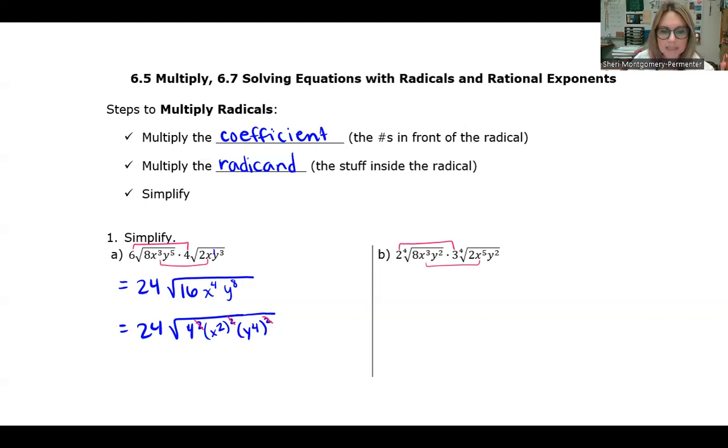Now I need to keep in mind that any numbers that come out into the front will multiply. So this will be 24 times 4. And then x squared goes out front and y to the 4th goes out front. But I can evaluate that. I just wanted to write it out step by step so that you see what I'm doing. What is 24 times 4?